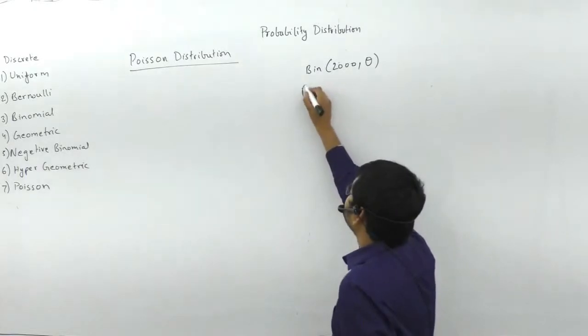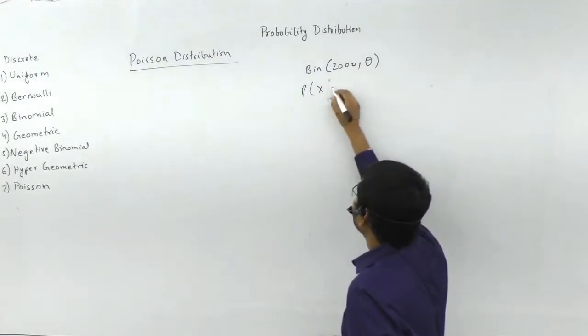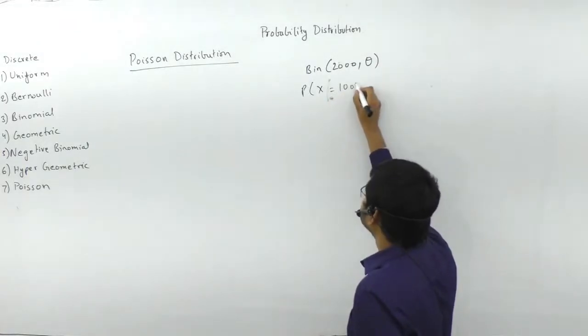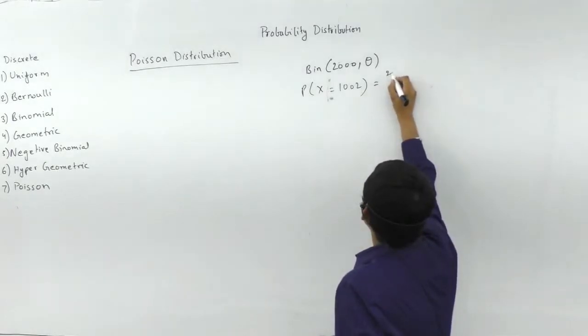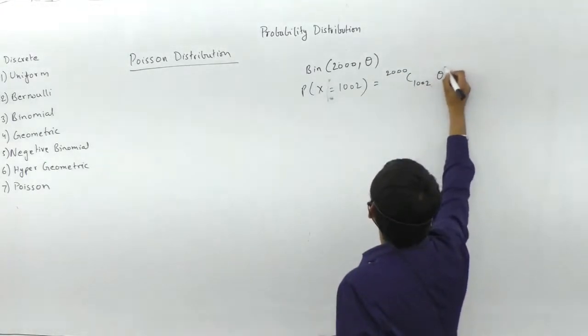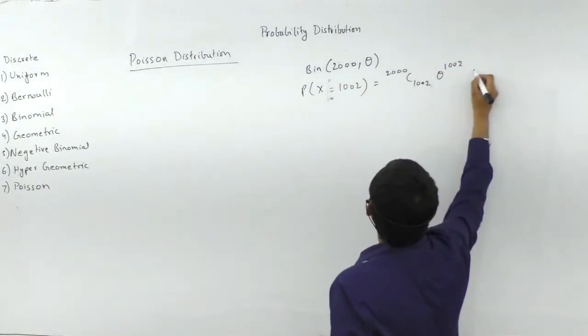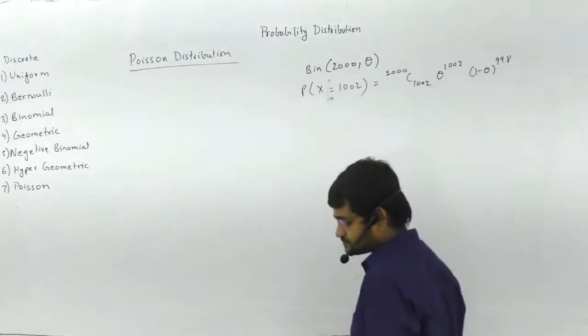If I want to find the probability of x equal to, let's say, 1002, that will be 2000 c 1002 theta raised to 1002 and 1 minus theta raised to 998.